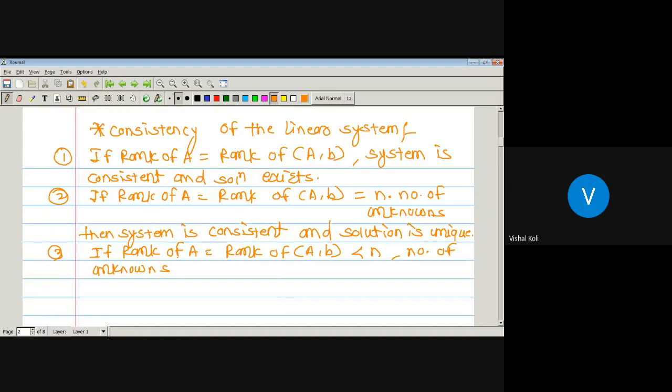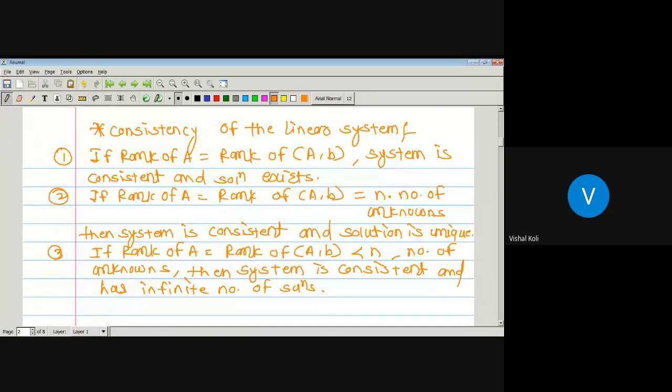then the system is consistent and has an infinite number of solutions.